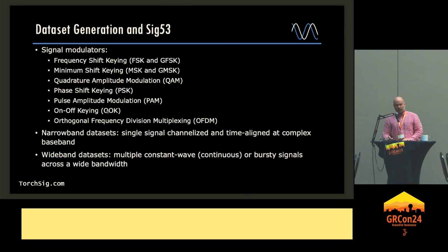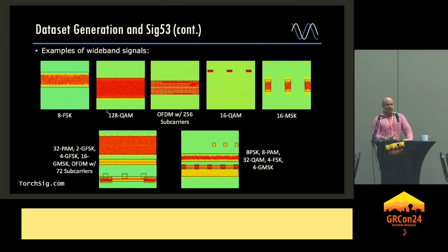So my favorite part, the dataset generation. We've got a couple different waveforms that we can look at: FSK, GFSK, all the QAMs, all the PSKs. We generate those for you, and then you can apply the machine learning to that. Here we've got spectrograms, and you see a bunch of different waveforms on here.